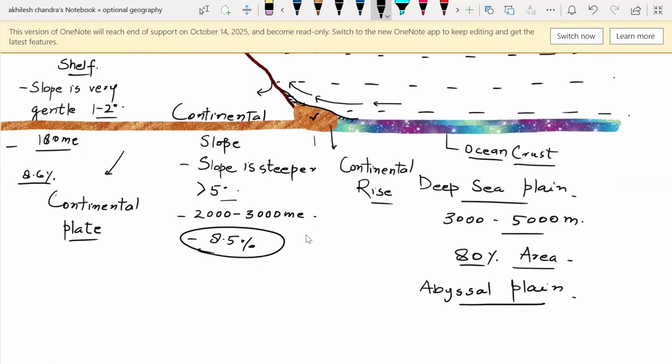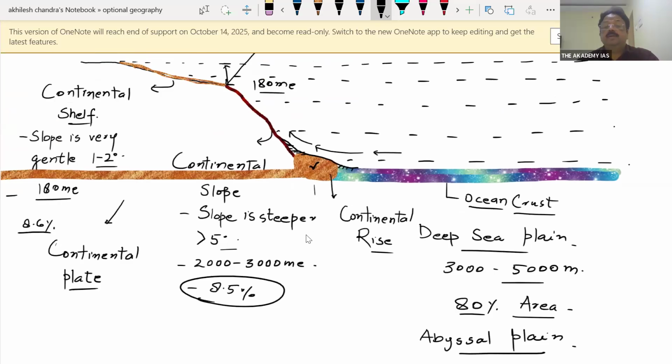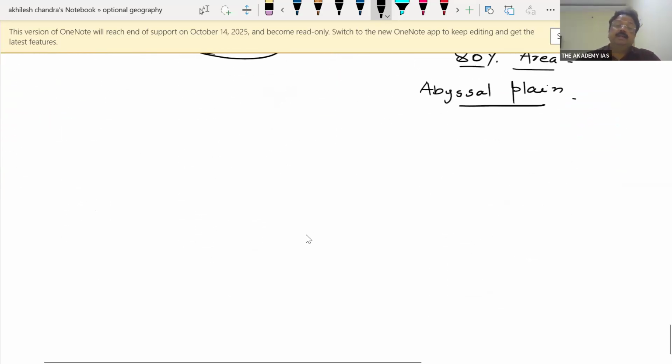Few more landforms, topographical features, were seen, and the next one is the mid-oceanic ridge.